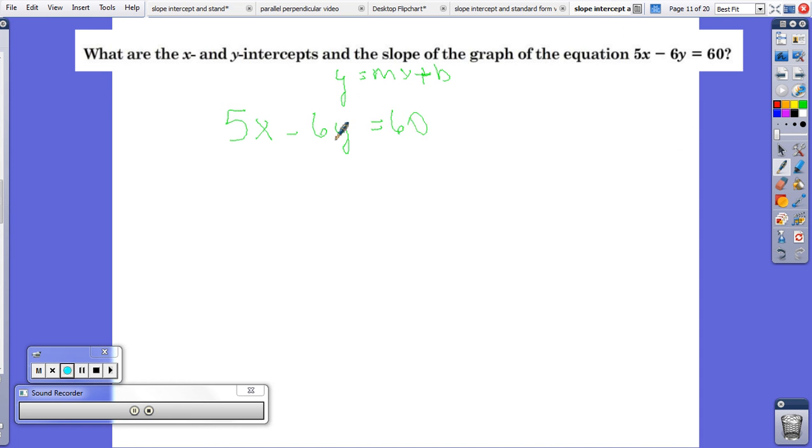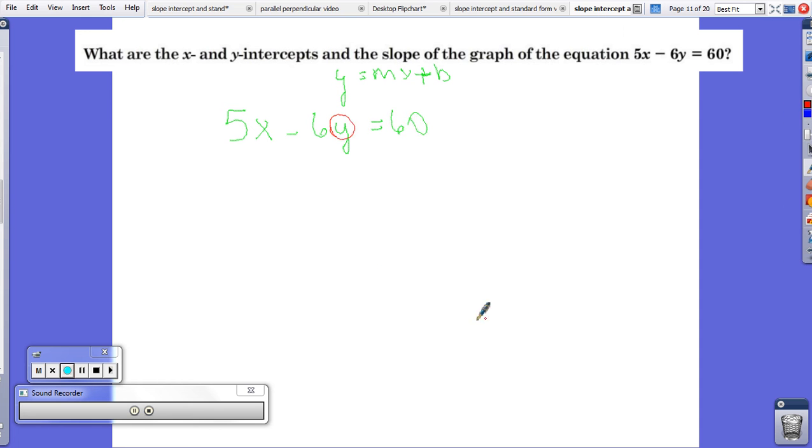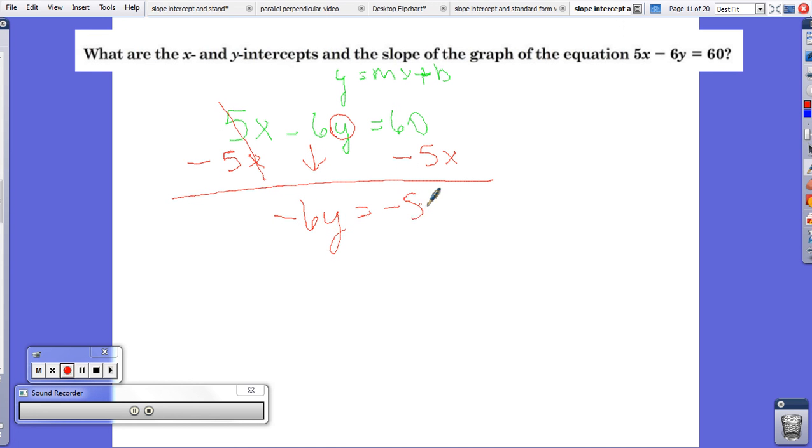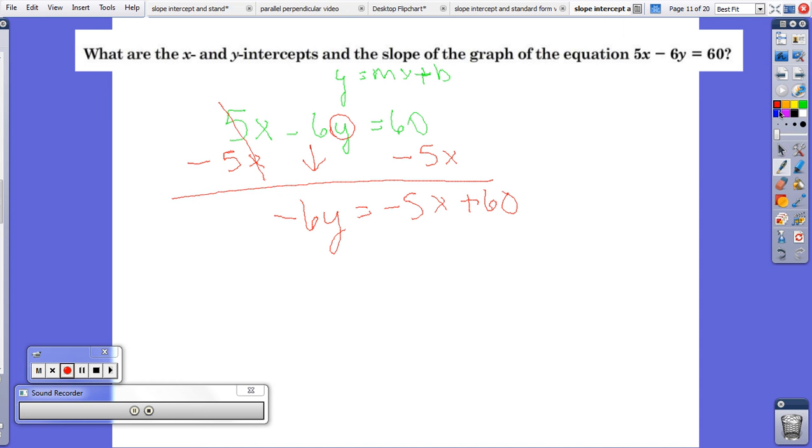Remember, we need to isolate the y. Okay? So we're going to subtract 5x, subtract 5x. These cancel. I bring down negative 6y. I have negative 5x plus 60. I'm not done because my y is right here.